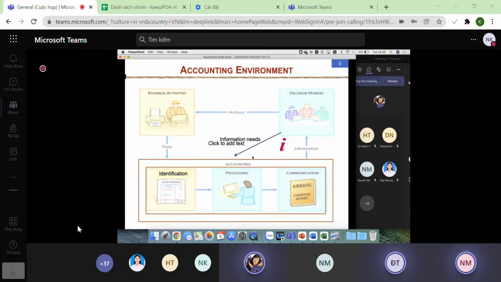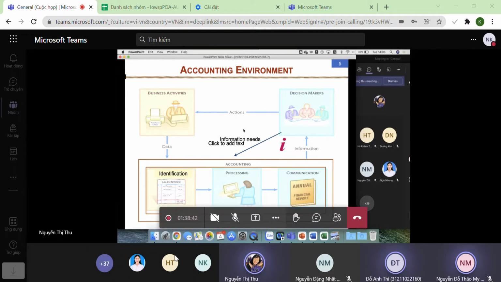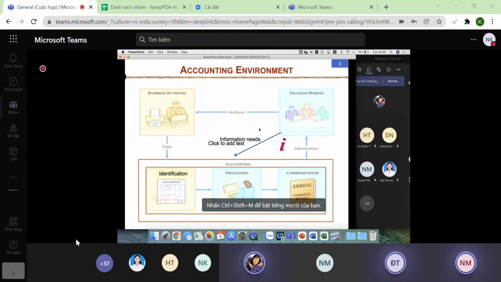And I ask you that there are 4 arrows to connect these components. Which one is the first one? Information or actions or data or information need? I think information. Information need.